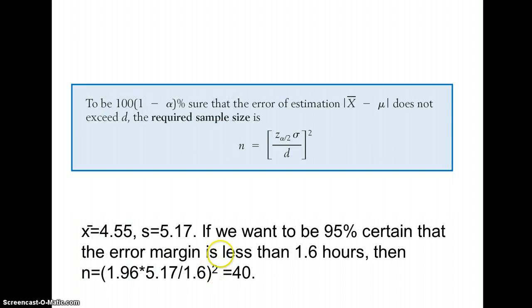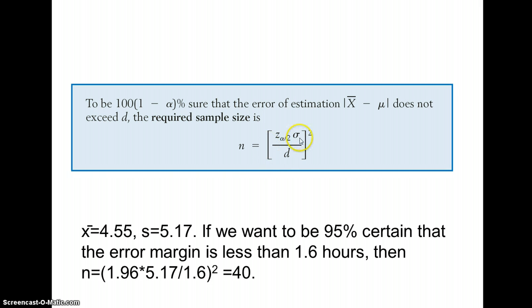So I want my error margin to be less than 1.6 hours. You can change this number to any number, and when you change the error margin, your sample size may change. So I use the formula, and I explained in class how to get this formula.